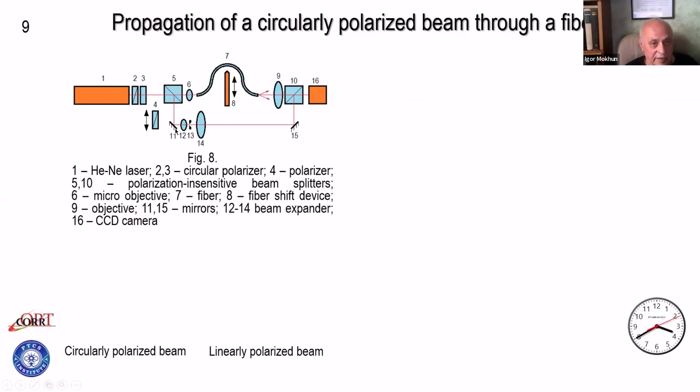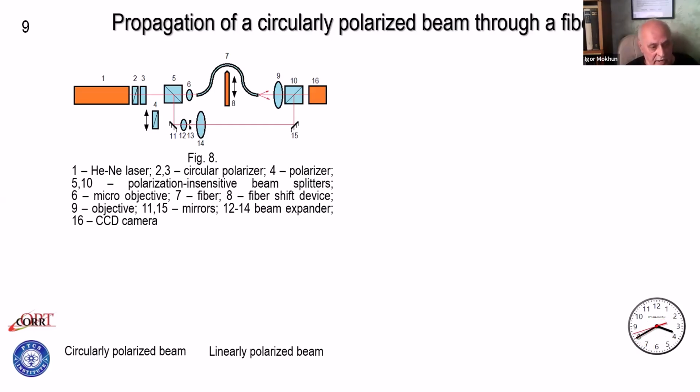Elements 5, 11, 10, and 15 form an interferometer so that at the output of the arrangement it is possible to observe the corresponding interference pattern. Element 8 is a shifting device that allows the fiber to be moved during the interference measurements.